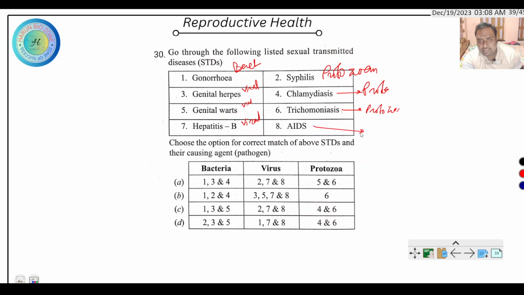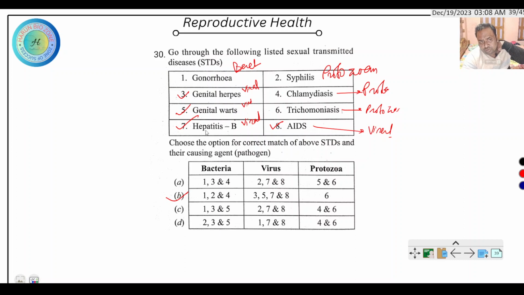AIDS is a viral disease, HIV disease. So here the viral diseases are 3, 5, 7 and 8, and this is the right answer.